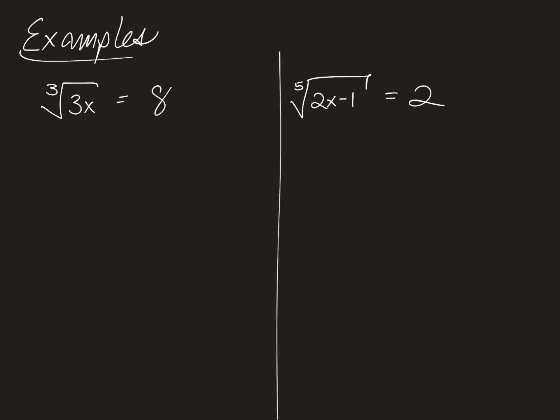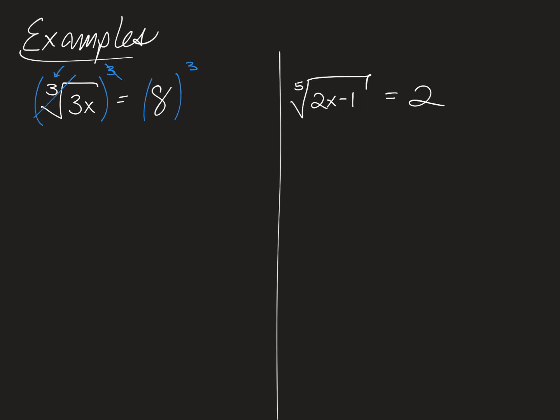From here, just a quick couple examples of working with larger roots than just a square root. So here you have a cube root. It's already isolated. Pretend you did some work to isolate it like you've seen already. So what we can do from here is recognize that there is a 3 in the root. So what that means is you will be raising both sides to the 3rd power.